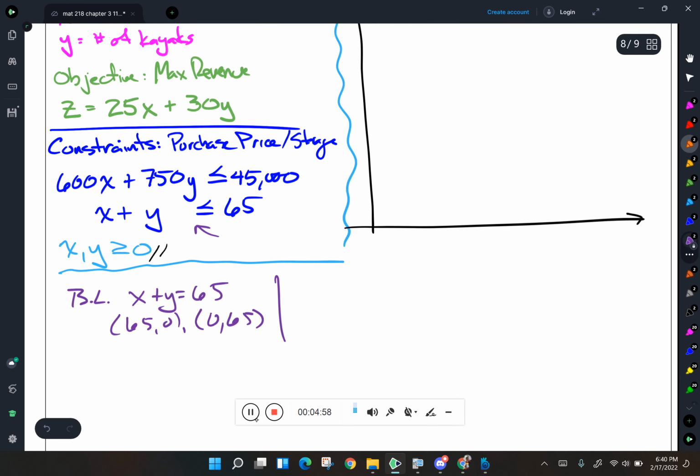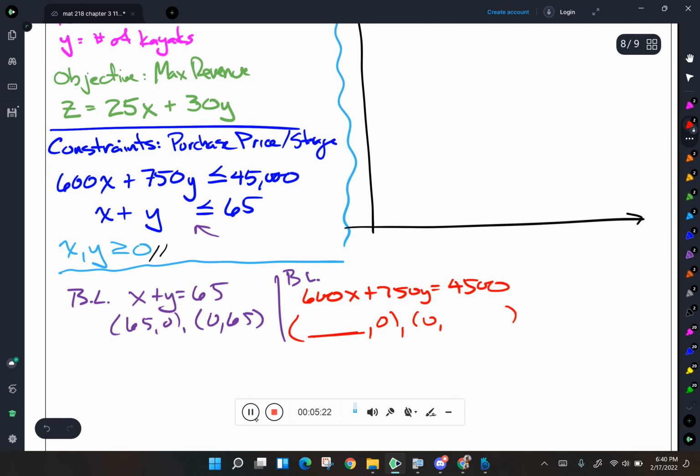The boundary line for the other one, now that's going to be the tricky one. The boundary line for the first inequality is going to be 600x plus 750y is 45 grand. And so the x-intercept is going to be when y is 0. The y-intercept is when x is 0.